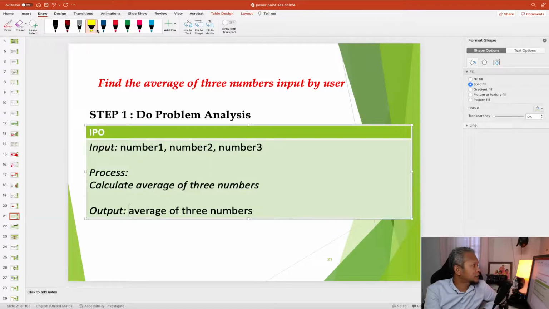We see how we draw it in a flowchart. Firstly, we need to draw the shapes involved regarding the process. This case is a sequence. Sequence means no skip, no deletion, no repetition. So just follow the flow of the line. Read number 1, read number 2, and then read number 3, then process average of 3 numbers, and then print.